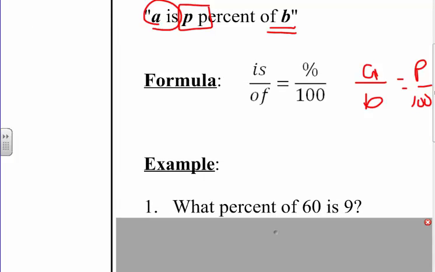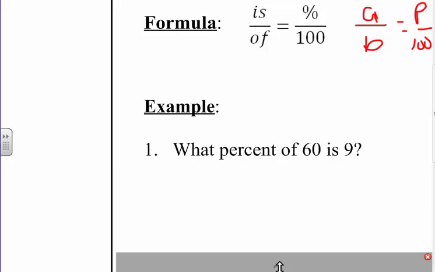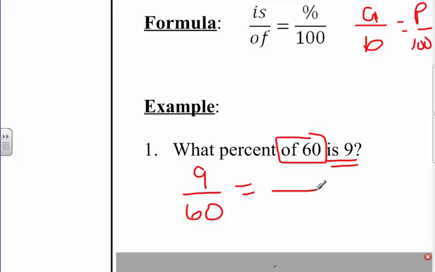Let's look at some examples. So we have, what percent of 60 is 9? So remember, is over of equals percent over 100. So I find the is in the expression, and that's 9. So 9 goes on top over the of number, 60, so 60 goes on bottom, equals, and then your percent.